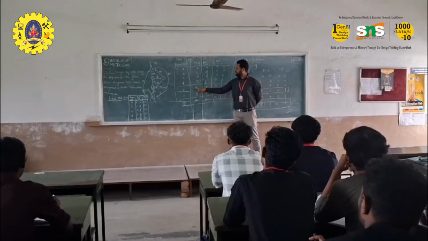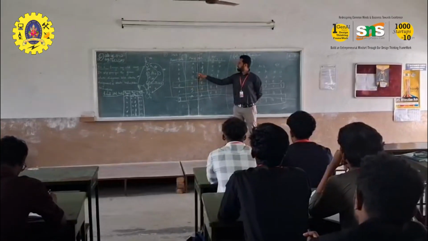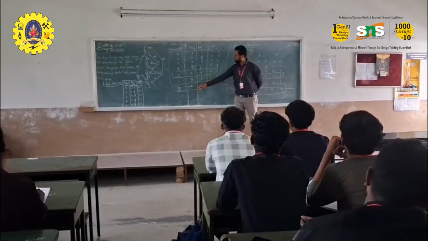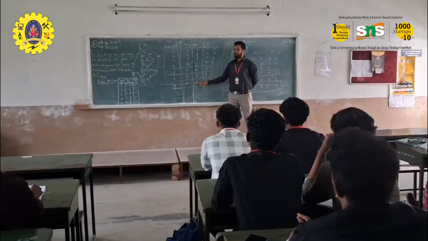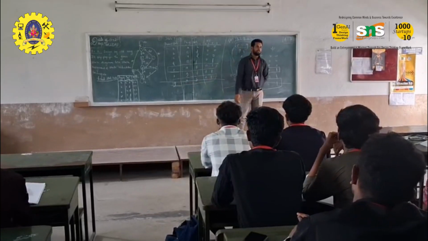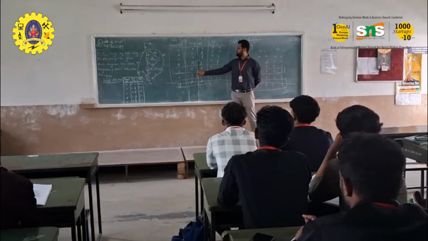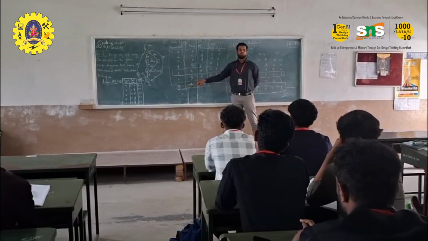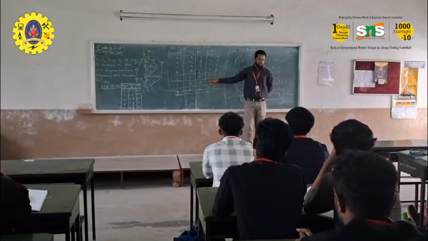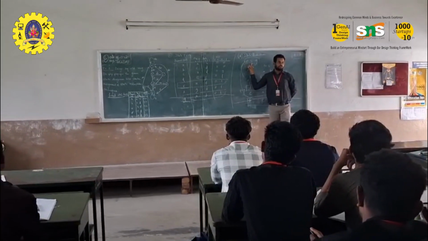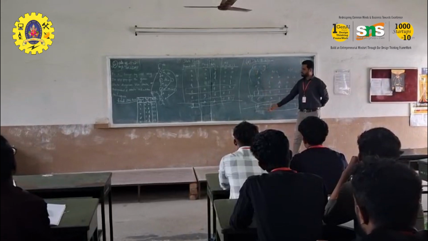For example, E goes to A when the input is 0, and when the input is 1, it goes to F. Similarly, G also goes to A and F. So you can eliminate any one state. Here I am going to eliminate the state G and consider only the E state, so I am going to consider E equal to G. The reduced state table is like this.